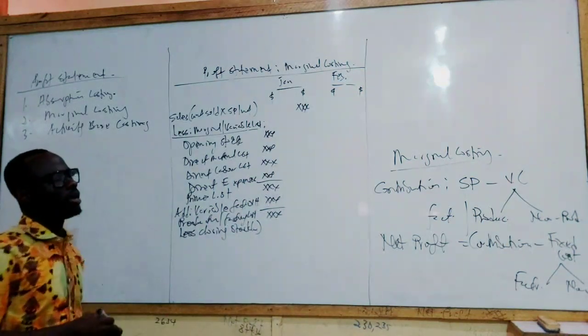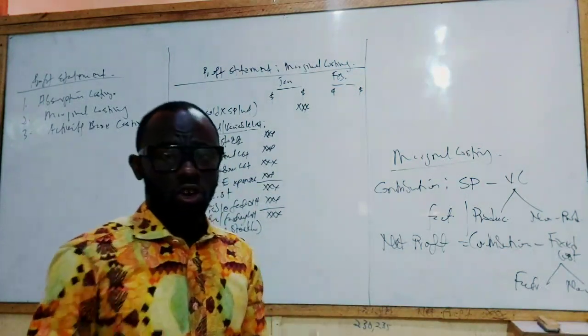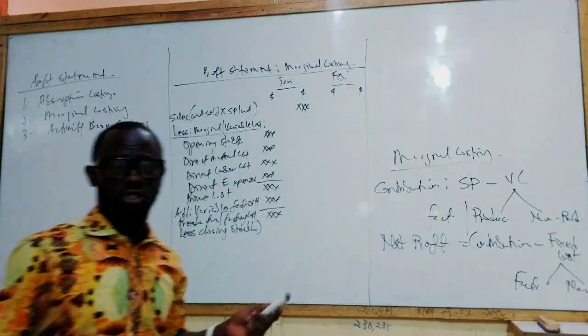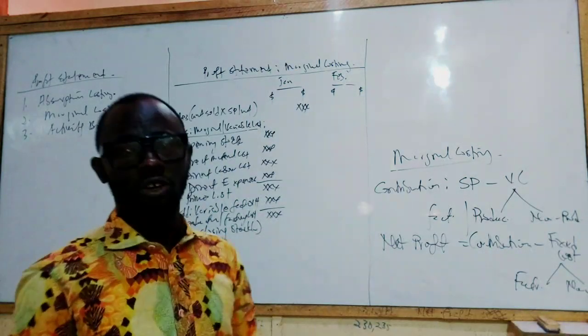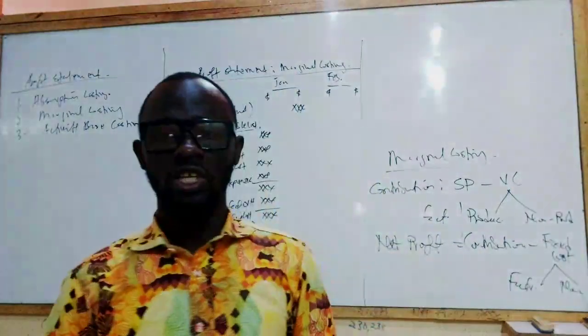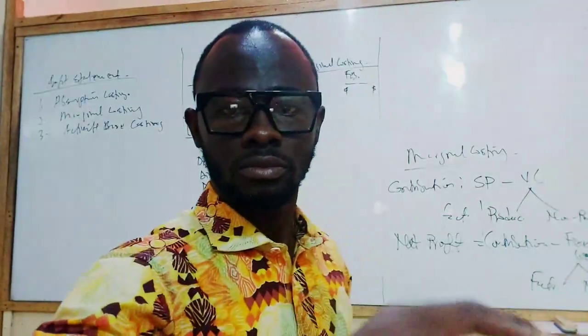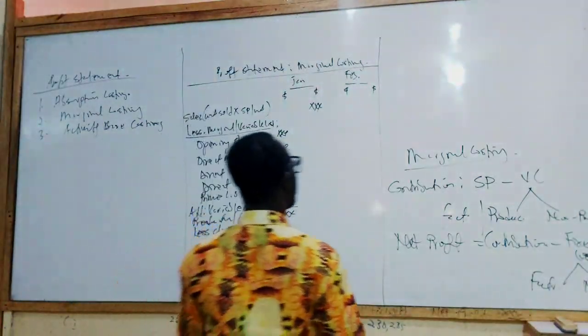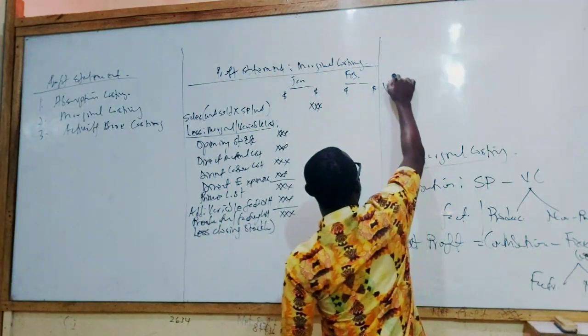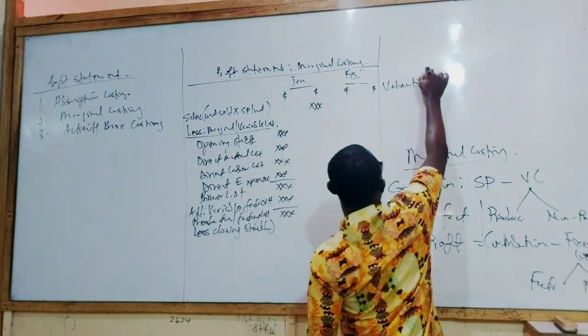Now here, when it comes to the closing stock, you're going to be doing the workings for the closing stock. Are you getting it? You have to do workings for the closing stock. So how do we go about that?